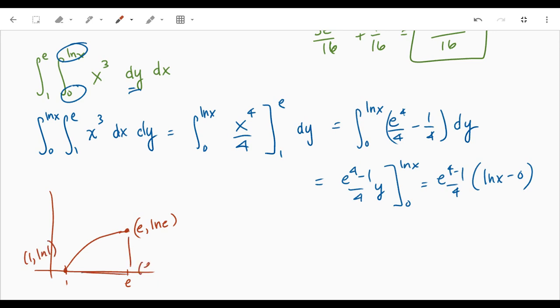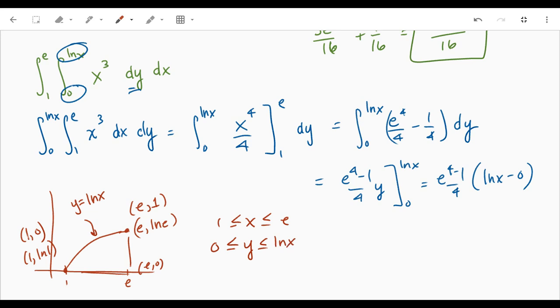This point is e, 0. In other words, this is (e, 1) and this is (1, 0). And this is your function, y is the natural log of x. And then if you remember, we did x between 1 and e, and then y between 0 and the natural log of x.